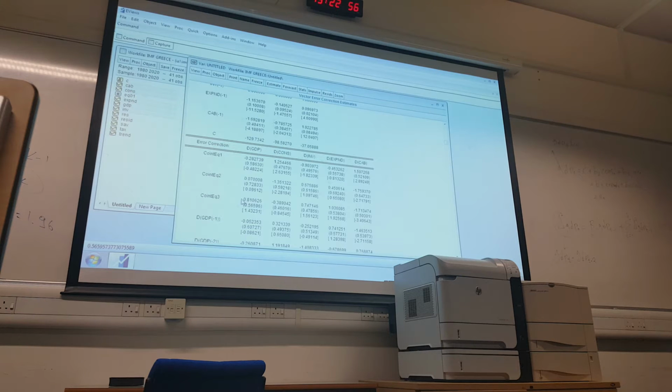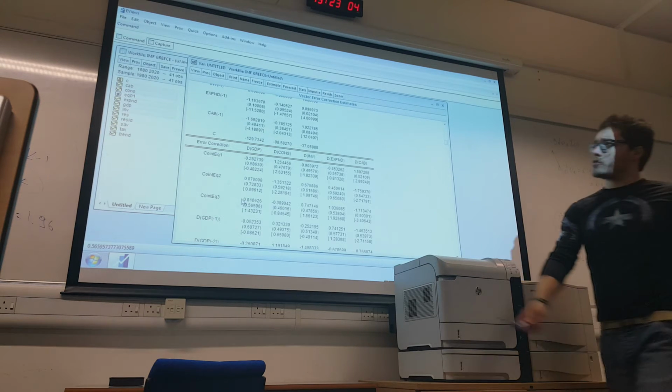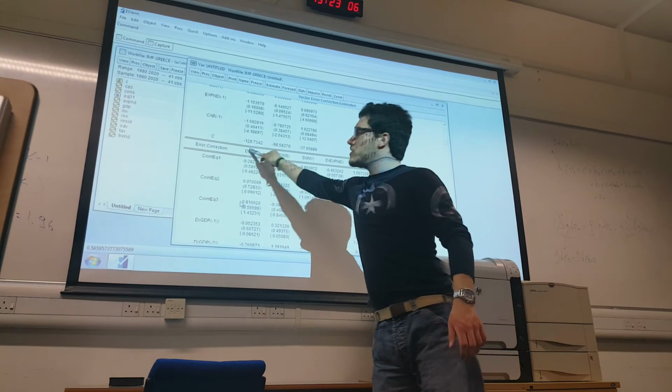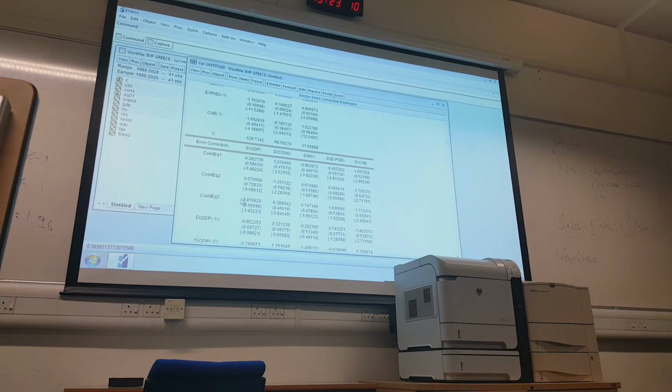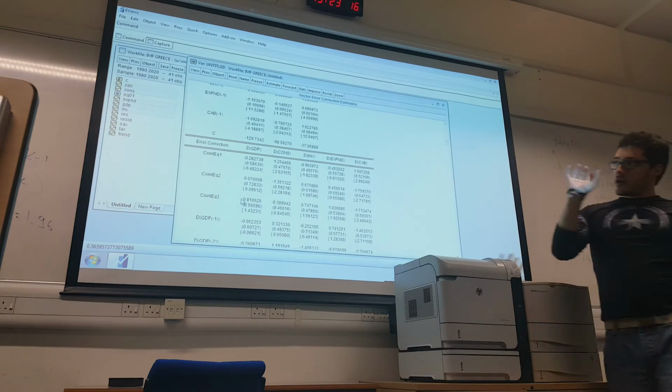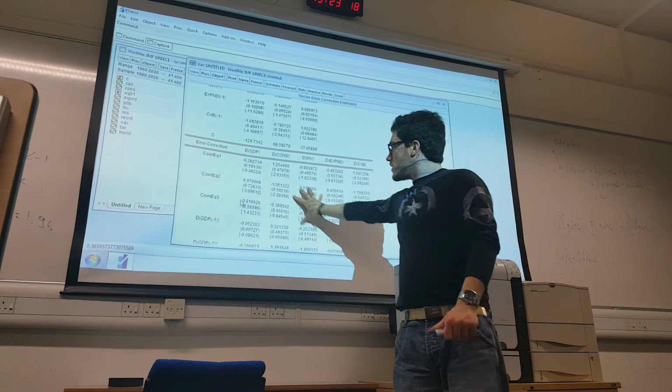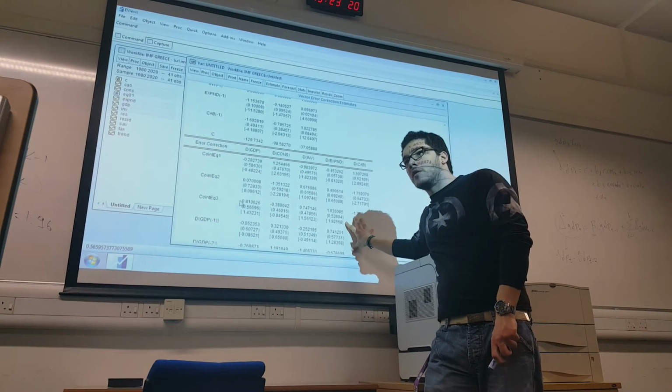Yes? Do we not look at the t-statistics for the consumption, investment, expenditure? Yes, you could do that as well, but I would recommend sticking only to this one, DGDP, because this equation is of our interest. So should we not mention cons and investment? No, you are going, however, to need these estimations over here for the Granger causality test.